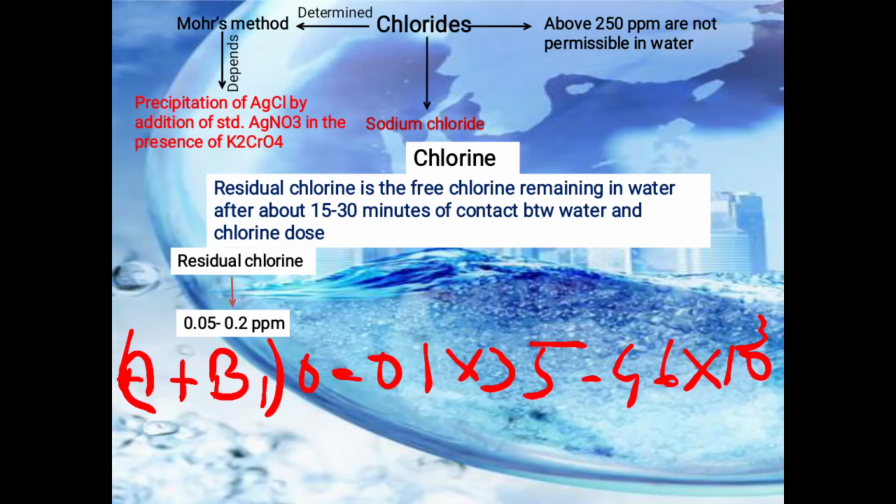Note the volume of sodium thiosulfate, that is B. Then residual chlorine content is equal to A minus B into N into 35.45 into 1000 by ml of sample, where A is the volume of titrant used for sample and B is the volume of titrant used for blank or distilled water.